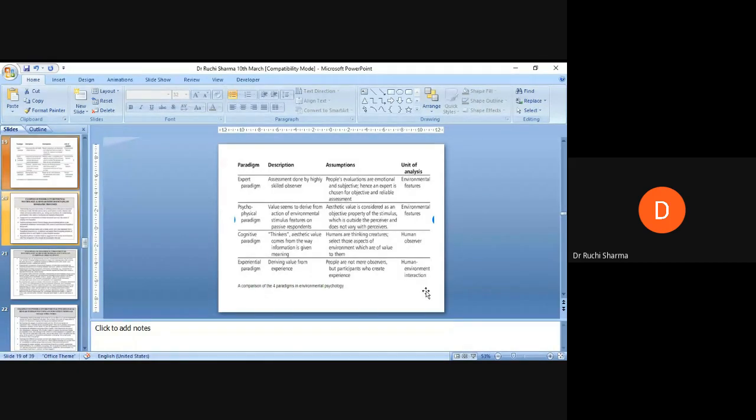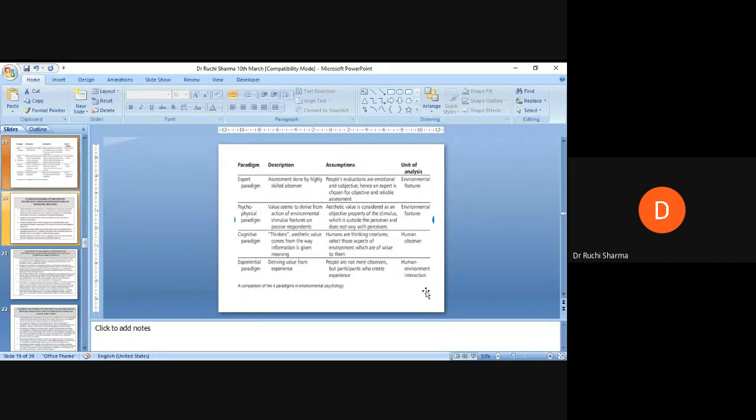The assumption which lies beneath it is that people's evaluations are emotional and subjective. Therefore, an expert is chosen for objective and reliable assessment. The unit of analysis is all kinds of environmental features. The next paradigm is the psychophysical paradigm.